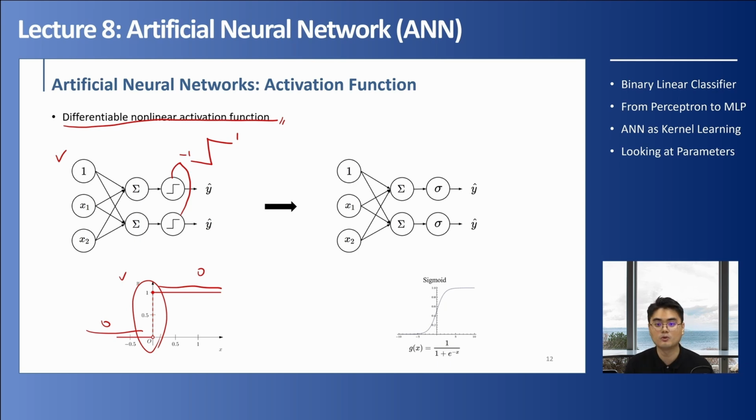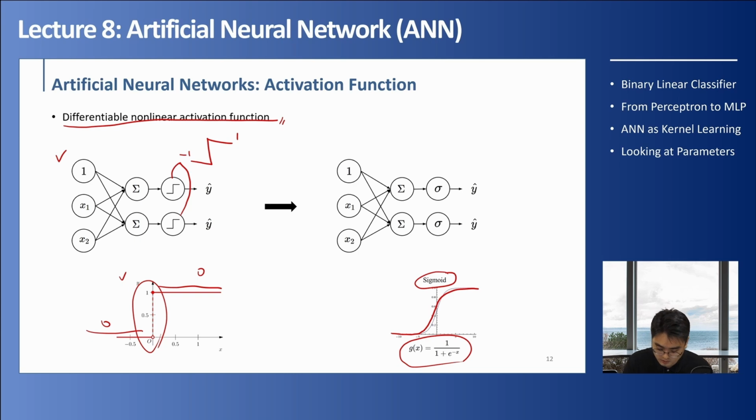So what people thought is that we can change this activation function to a nonlinear activation function. For example, something like this sigmoid function, which has this kind of curve here, and this can be expressed as 1 over 1 plus exponential minus x.